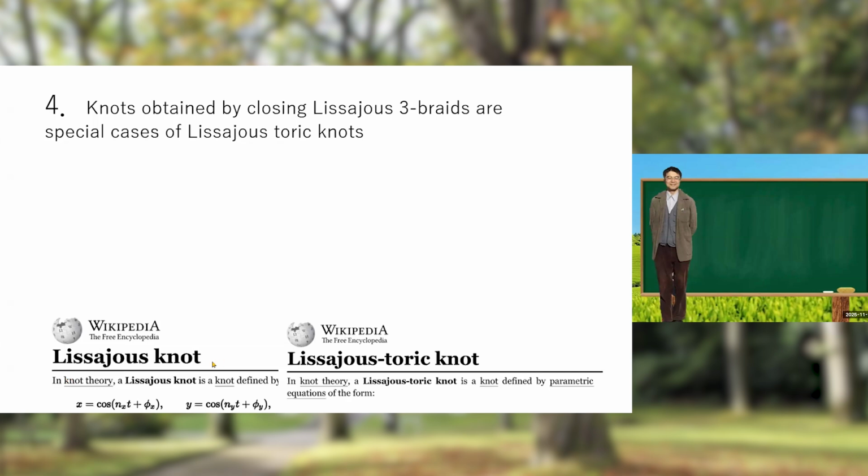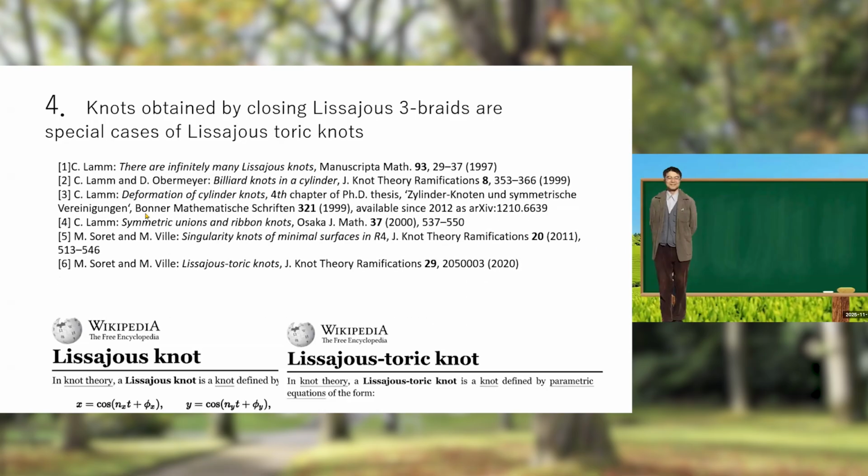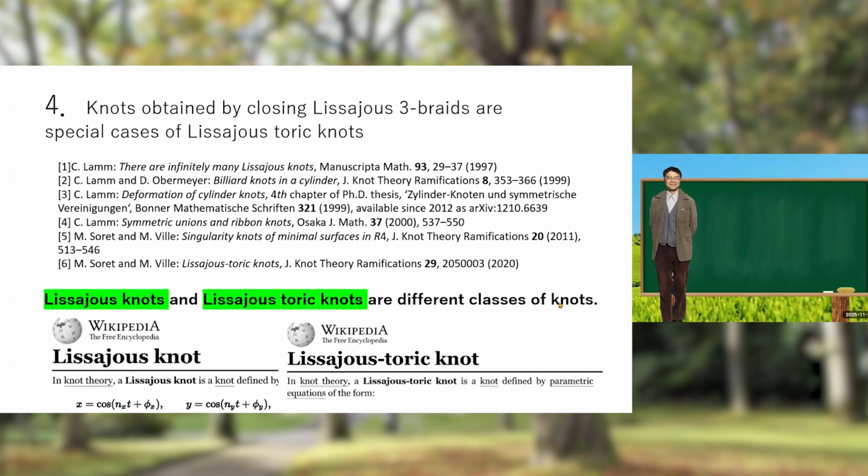One is the usual Lissajous knot, and the second is the Lissajous toric knot, which is closely related to our work. These knots were studied in a paper by Lamm and Soret-Ville many years ago.